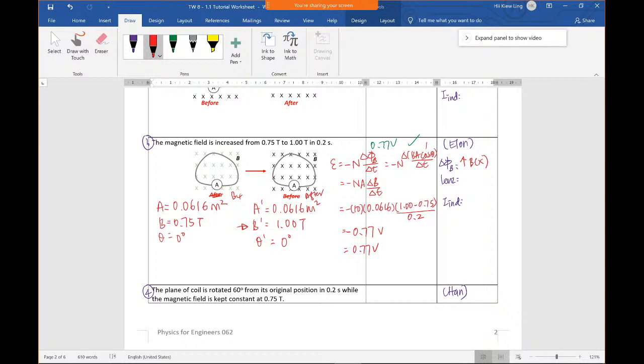According to Lenz, since the observation is an increase, I would like to oppose. When I oppose, I will decrease the cross product. So to decrease cross product, do I produce dot or cross?